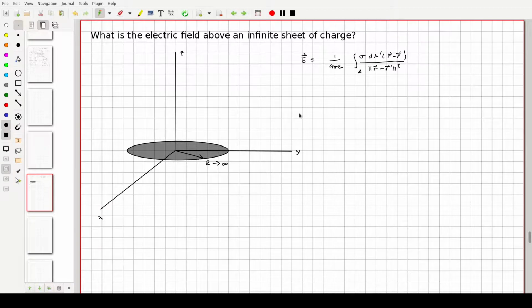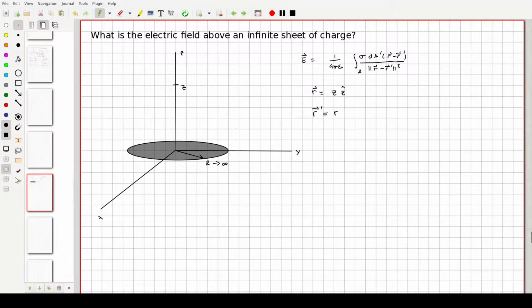So that said, let's talk about what r and r prime are. Now, r, remember, is the vector that locates the position that we're interested in. So that's going to be up here. We'll say z above the origin, so that's going to be z hat. R prime, though, is as before in the previous problem.